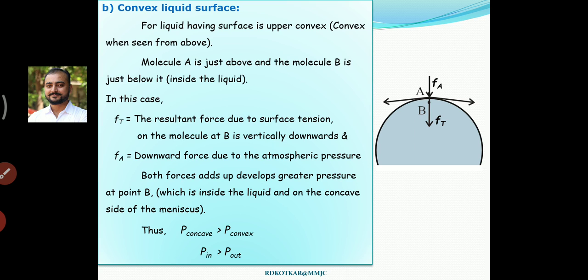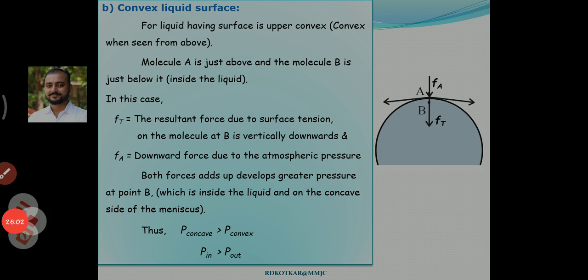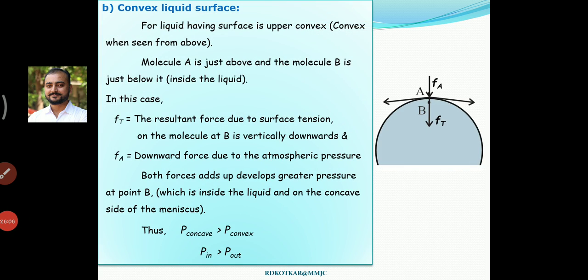The pressure acting on the concave side should be greater as compared to the pressure acting on the convex side. Similarly, the pressure inside the liquid is greater as compared to the pressure outside the liquid.